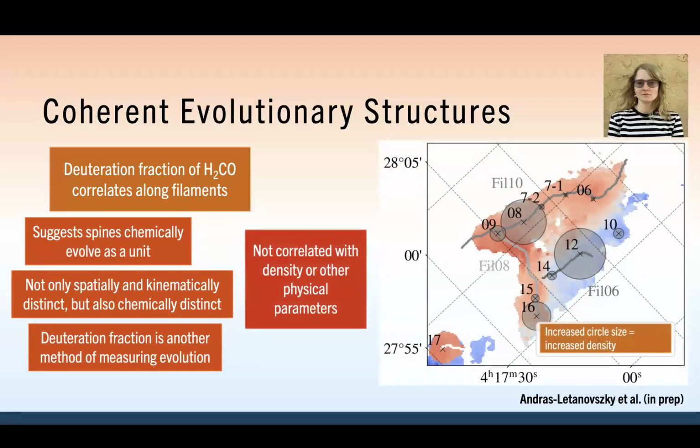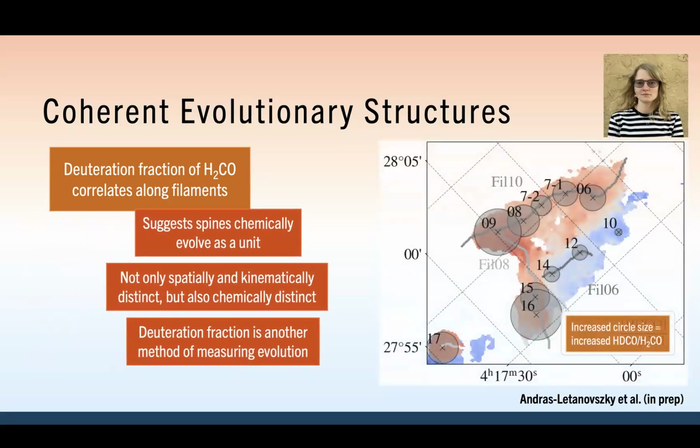What she also shows, and she's done so many of these comparisons between the different deuteration fractions and abundances of molecules, and physical parameters, she shows that the deuteration fraction is not well correlated with density or with most of the other physical parameters, where I've shown density here.